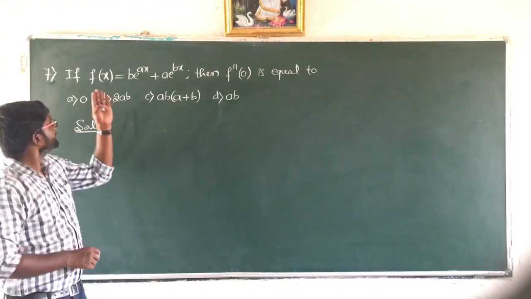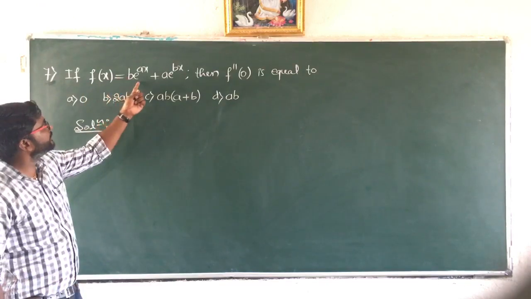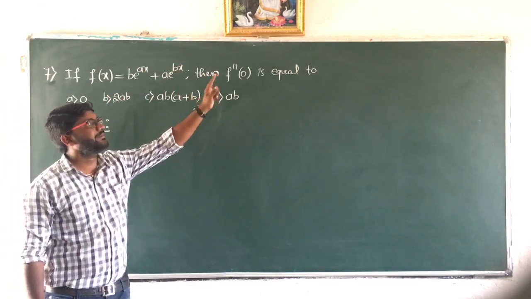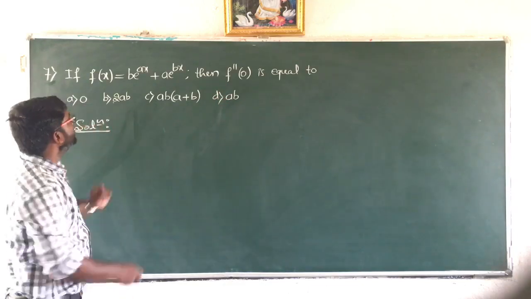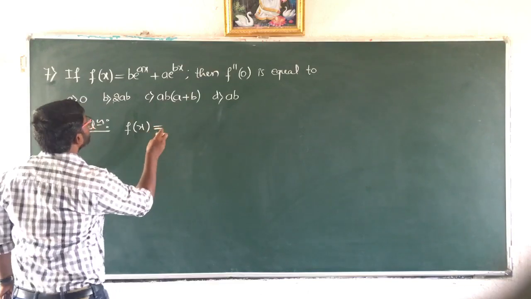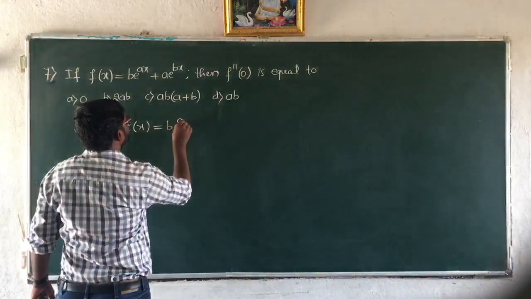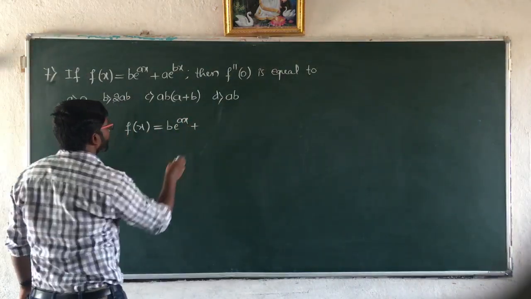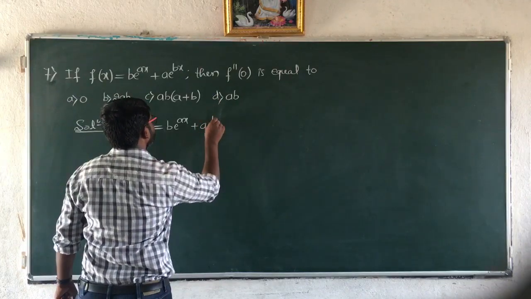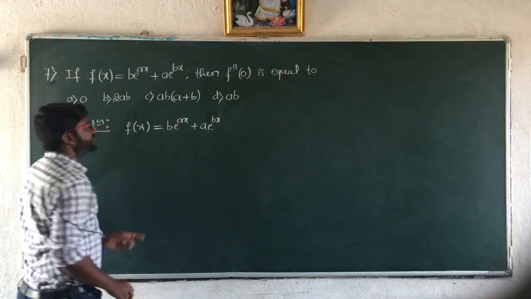Yes, the next question: f of x equal to b into e raised to x plus a into e raised to bx, then f double dash of 0 is equal to. So now I will take up the given function f of x, which is equal to b into e to the power ax plus a into e raised to bx. So let us take up the derivative now.